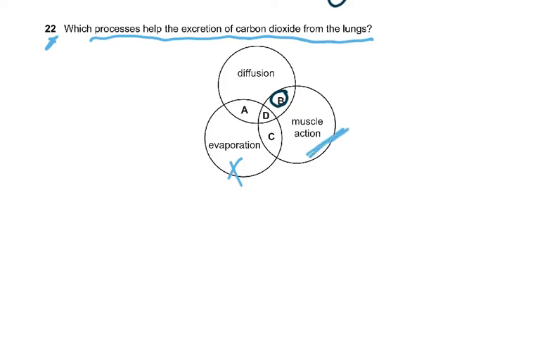Muscle action means the external intercostal muscles and the diaphragm muscles, which are going to contract, and then the volume change occurs and pressure, and then air moves in from high pressure to low pressure, and then the muscles relax, and that results in a high pressure inside the lungs, and the carbon dioxide is exhaled out. So it is the intercostal muscles and the diaphragm muscles.